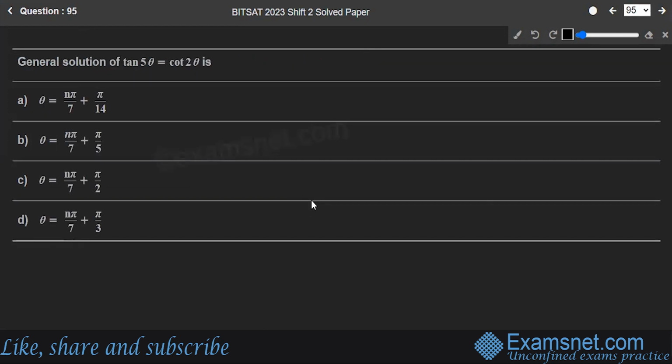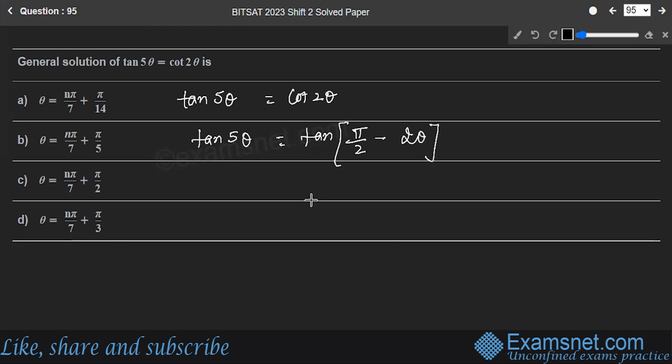So the general solution of this equation: tan(5θ) is equal to cot(2θ). Here you have tan 5θ is equal to cotangent of 2θ. I'm changing cot into tangent, and the formula is tan of 90 minus 2θ. 90 can be written as pi by 2. See, tangent of pi by 2 minus x is equal to cotangent of x, so I've used this thing over here.